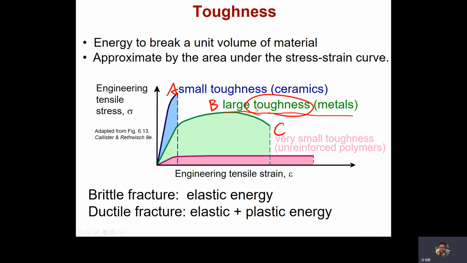On the other hand, if this car is made of material C, what's going to happen if a severe car accident happens and you are the driver, sitting in a car made of material C?